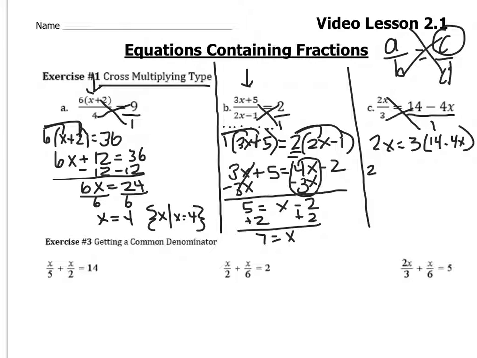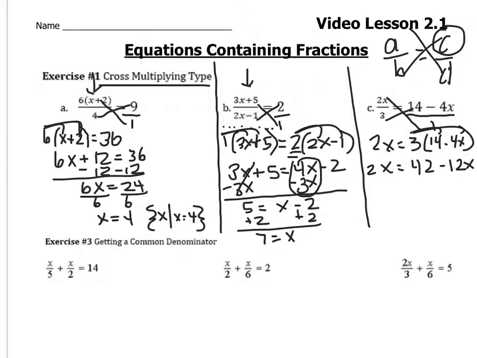When we distribute to get rid of the parentheses, 3 times 14 is 42. 3 times negative 4x is negative 12x. Again, we have the variable on both sides. Your goal is to get the variable on one side and a number on the other side.